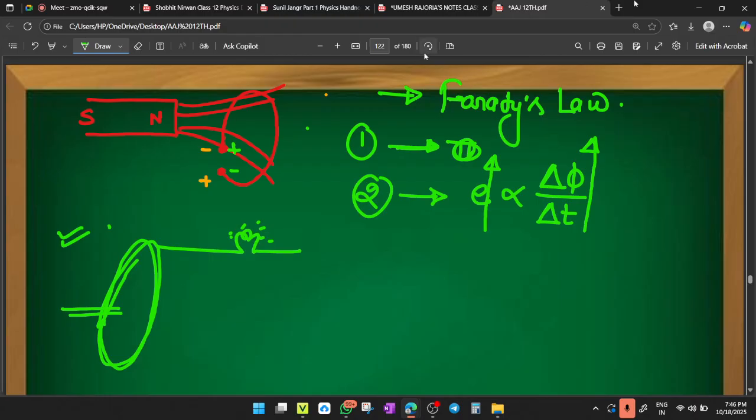So many small projects give you an idea of Faraday's second law, that the amount of EMF produced is directly proportional to the rate of change of flux. The greater the rate of change of flux, the greater the EMF produced.